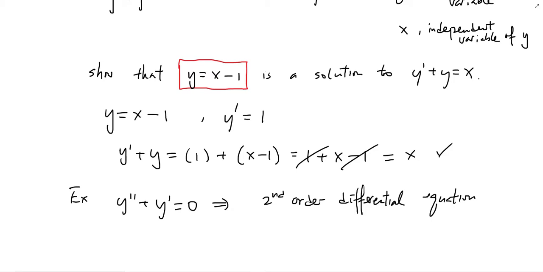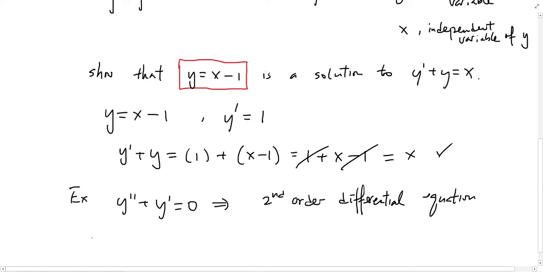That's the reason why, when we start talking about differential equations later on, you will see that we use a lot of different adjectives to describe them. Based on how we describe the differential equation, we will have different methods to solve it. So be mindful of that. So this is a second order differential equation. The second order simply indicates a second derivative.